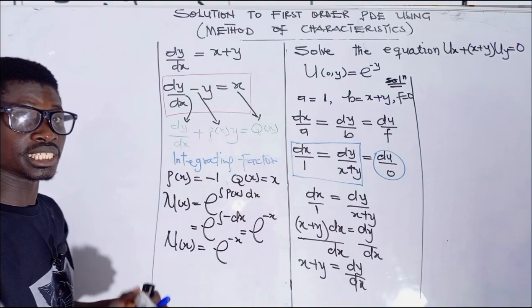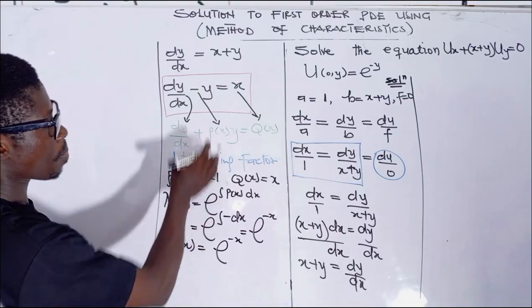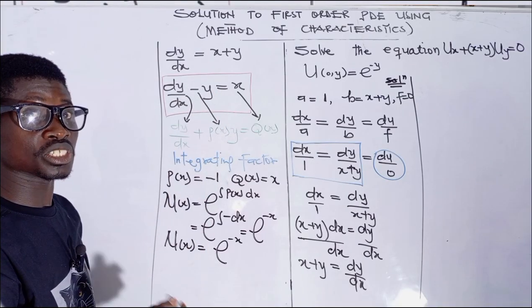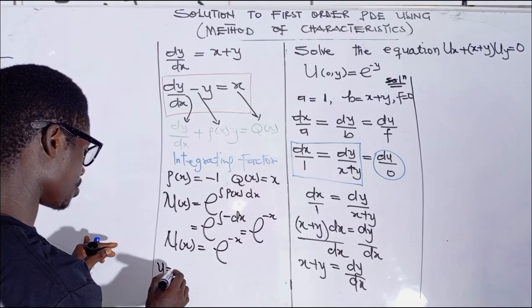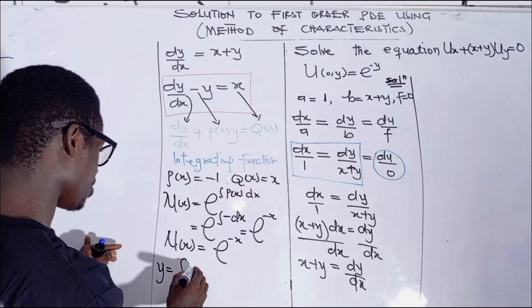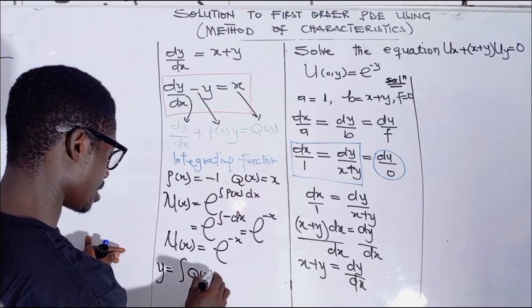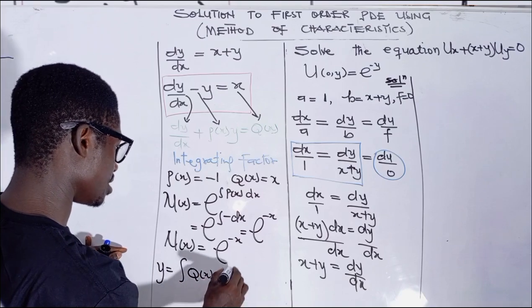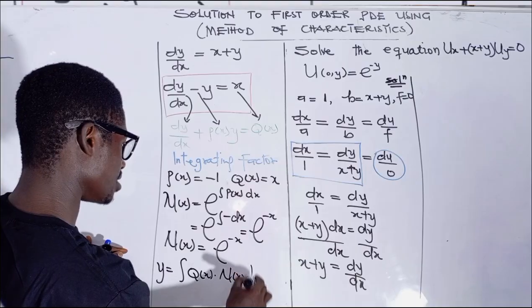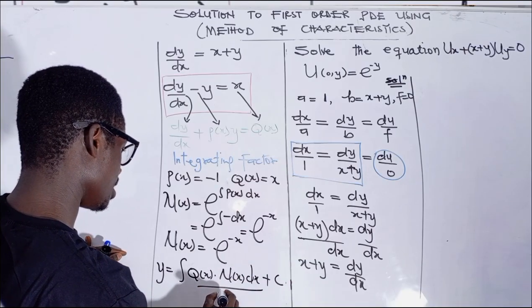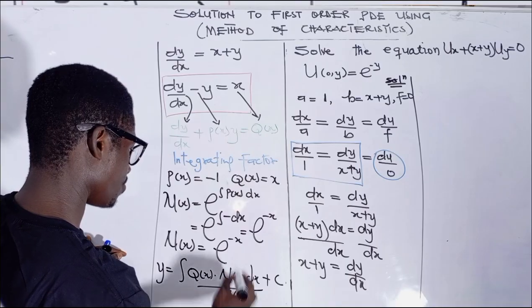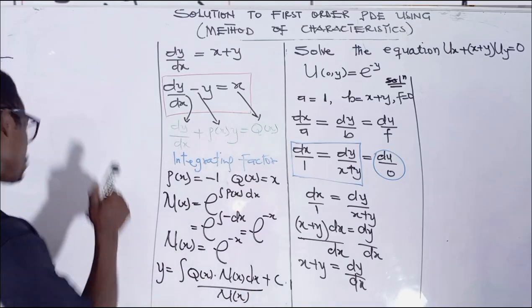Once you have this, we write the general solution for the ordinary differential equation using the integrating factor, and that is given as y is equal to the integral of q of x multiplying the integrating factor, dx, plus the constant c, all over the integrating factor. Very, very easy and simple.